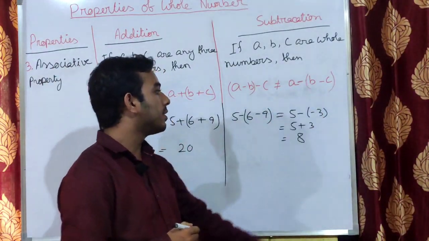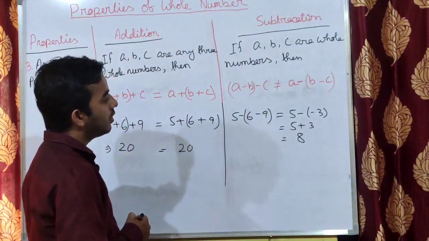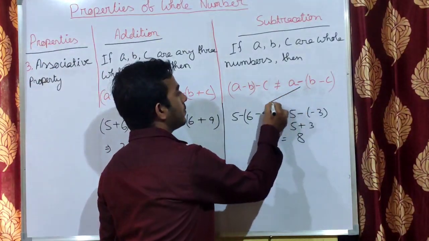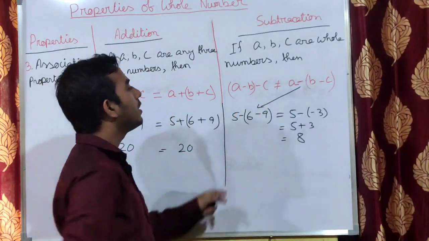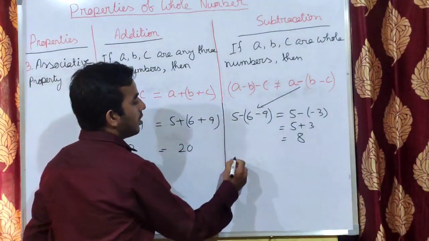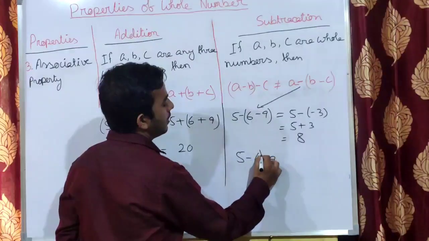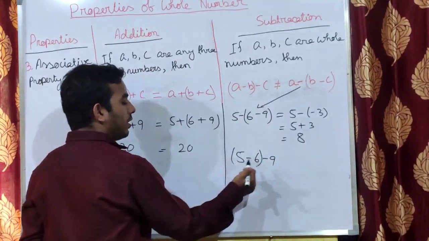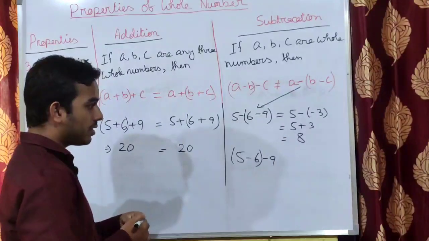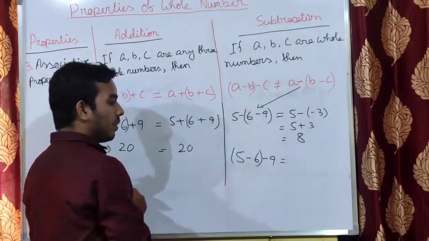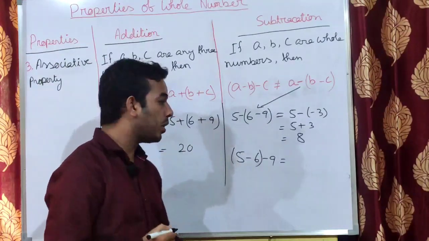This is for this case, right? Now we will consider this case: (5 minus 6) minus 9. Then 5 minus 6 is how much? 5 minus 6 is minus 1.